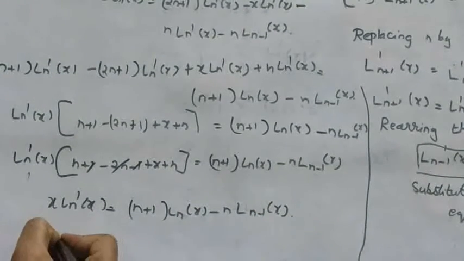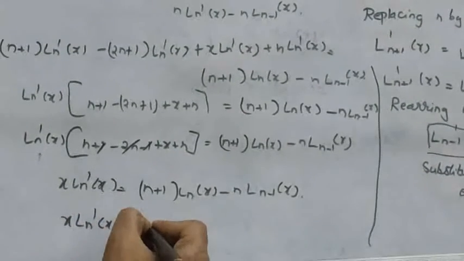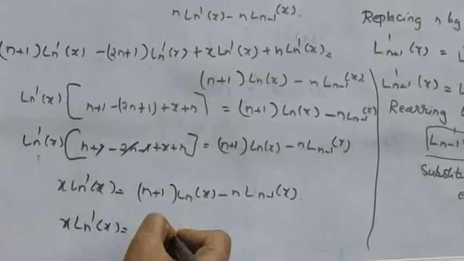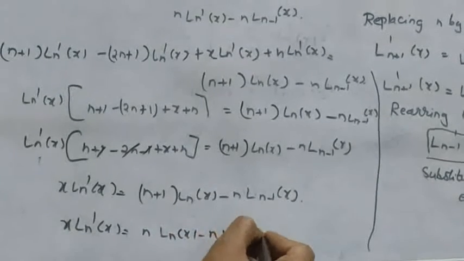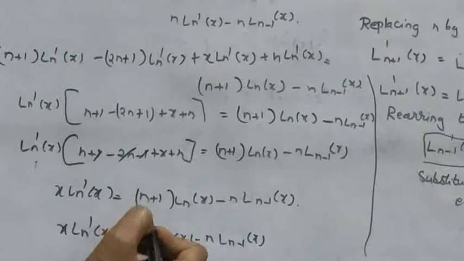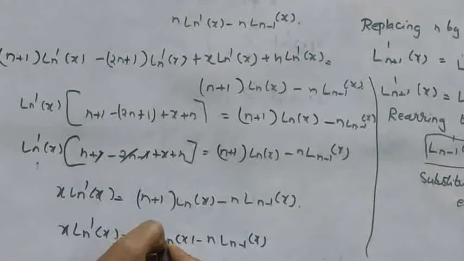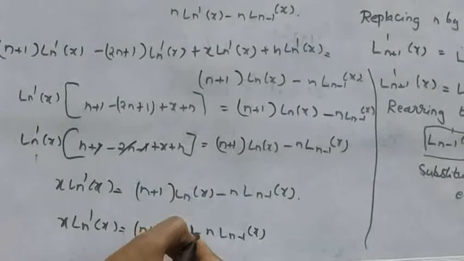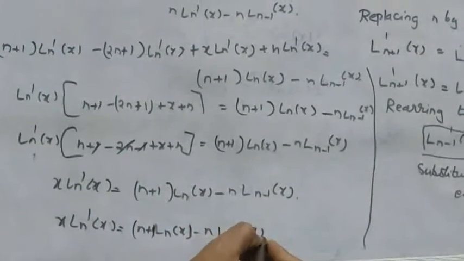Whereas I have said x ln dash of x is equal to n ln of x minus n l(n minus 1) of x, as I have said, but it is n plus 1. Okay, here the required equation is (n plus 1) of ln of x minus n l(n minus 1) of x.